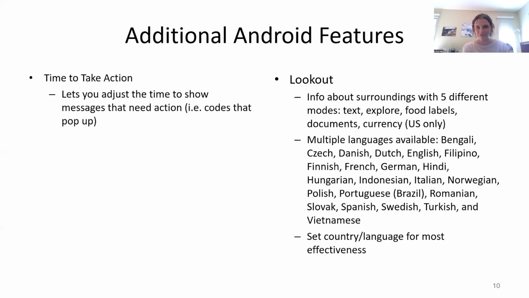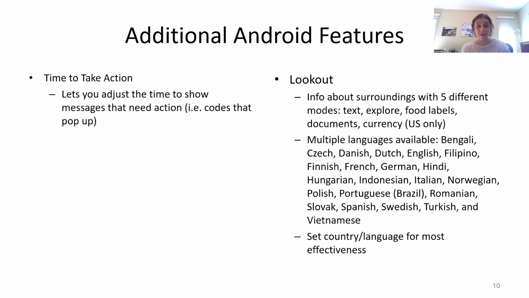Sometimes the phone is smart enough and asks if you want to fill that code in, but not always. So you can actually slow down how long it takes for that pop-up to go away. So you don't have to navigate into your text messages and find it. You can let it stay on the screen a little bit longer. And there's, I believe, 5 different settings there for how long those pop-ups stay on the screen. So I thought that that was a really nice thing that Android has added in, and I have not seen that on the iPhone.